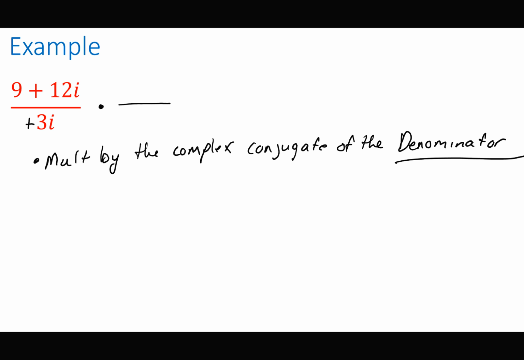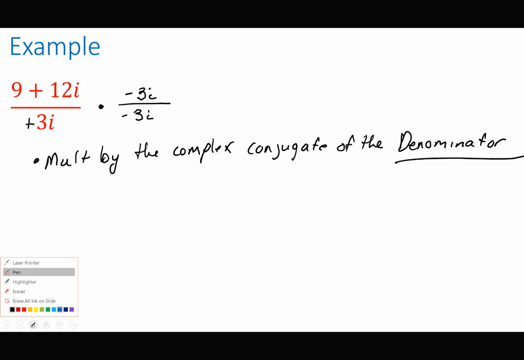Okay, we're only looking at the denominator. So what is the complex conjugate of 3i? Eli? Negative 3i. All right, we're just looking at the opposite sign. And we're going to multiply by negative 3i divided by negative 3i.